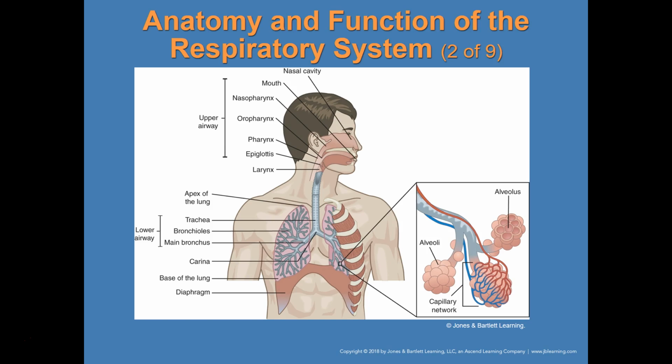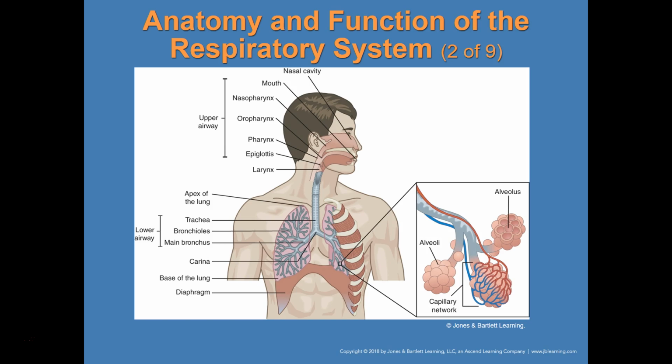The oropharynx, so oro, just like oral, this is the passageway from the mouth down to those lower airways. They join up in the pharynx. We took the nasopharynx and the oropharynx, and they combine in the pharynx.